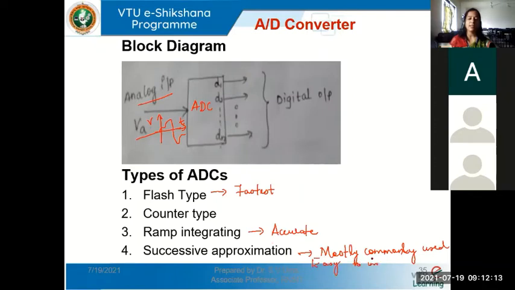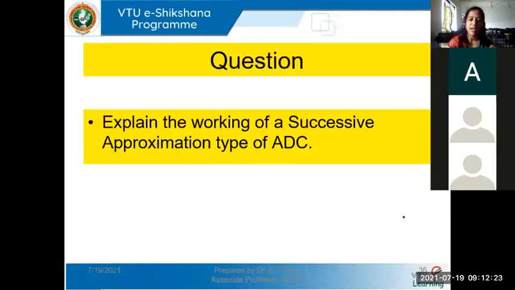It is very easy to implement and analyze. That's why they use successive approximation ADC more commonly in various applications. And we'll be studying about successive approximation ADC in our syllabus.